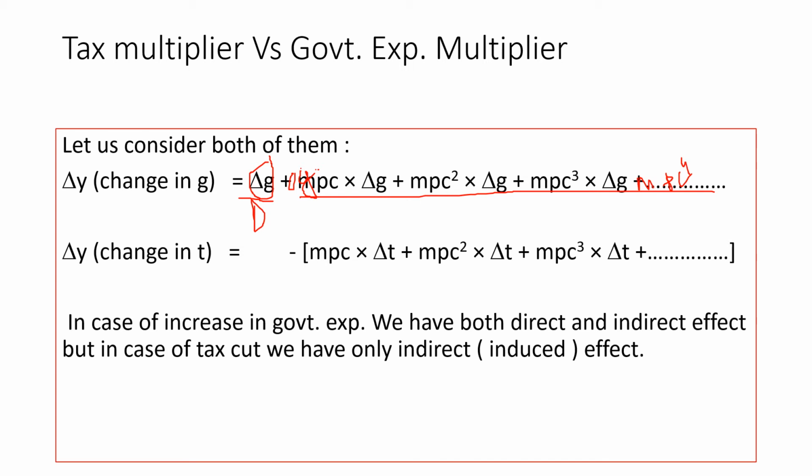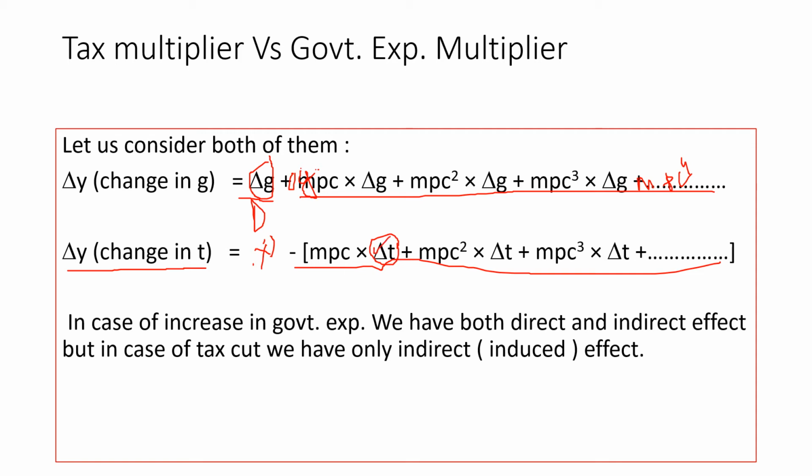But when you do the same thing for the tax multiplier, there is no direct component. This is nil. There is nothing here, only the induced effect. How does it work? If there is a tax cut of delta T amount, the negative sign is for this inverse relationship, disposable income will increase by exactly that amount.